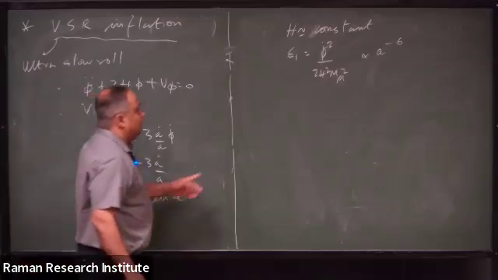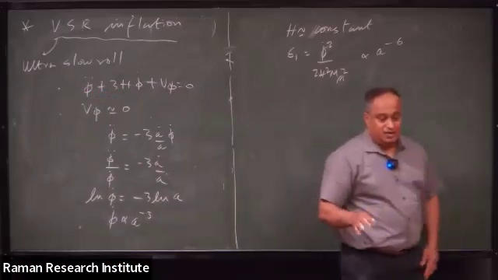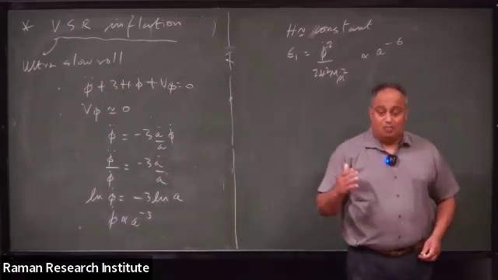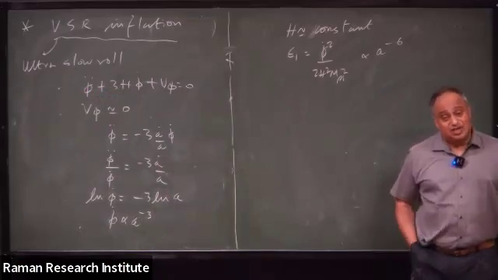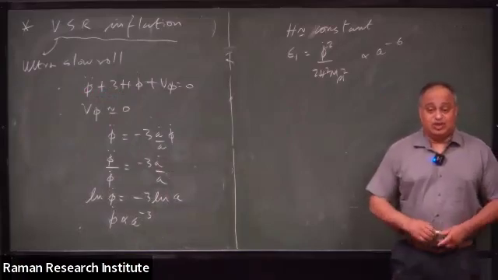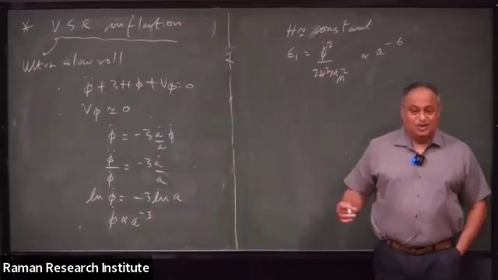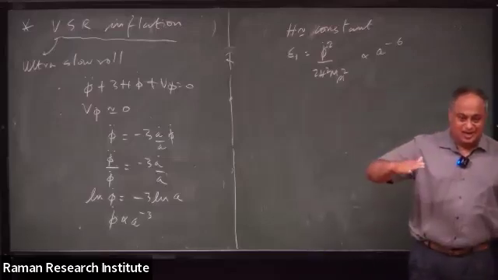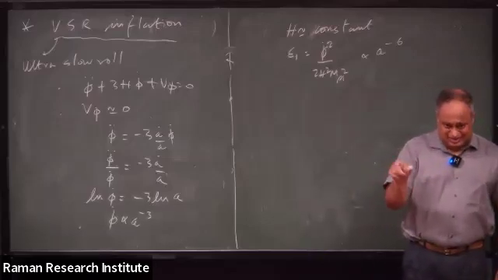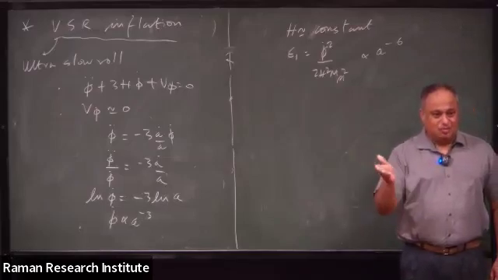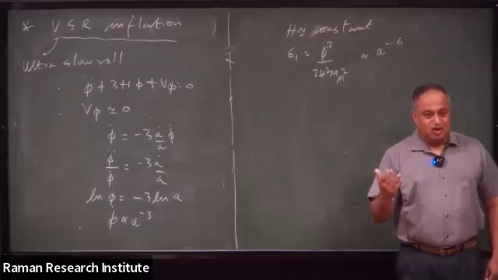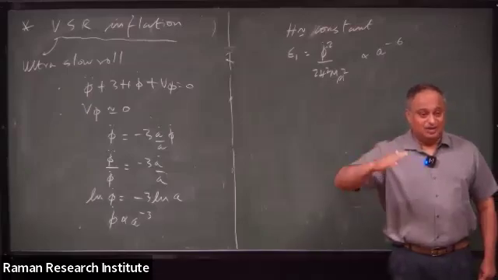So what it means is that if I have a place where V'(phi) is 0, and imagine a situation where V''(phi) is also 0, okay, so what does it mean? It means that for a reasonably lengthy period, around the potential, V' is small and V'' is also small.